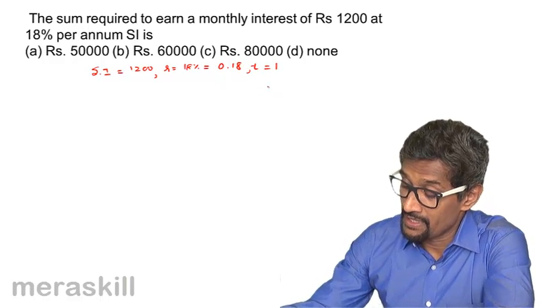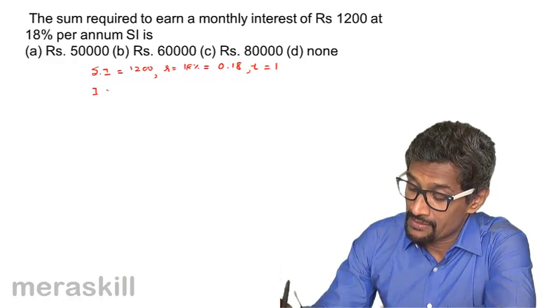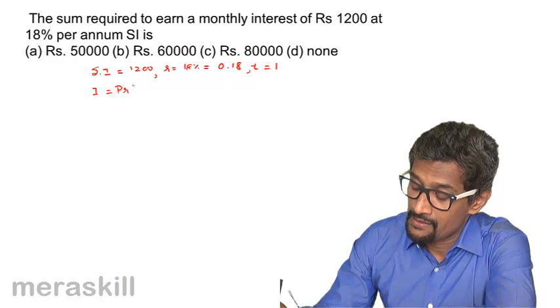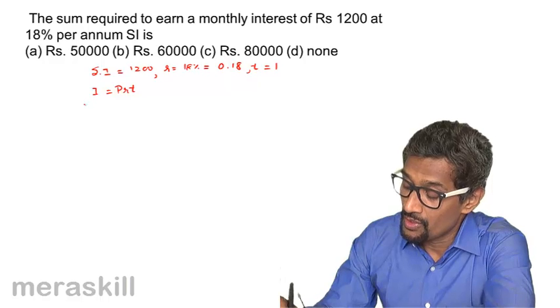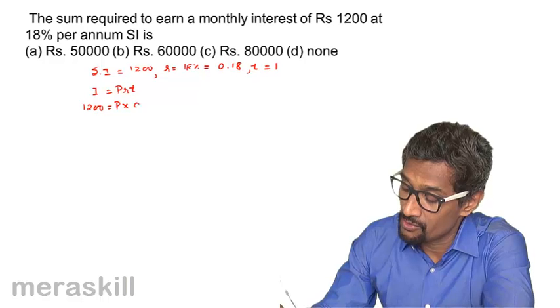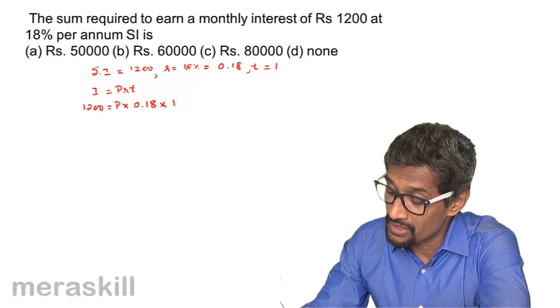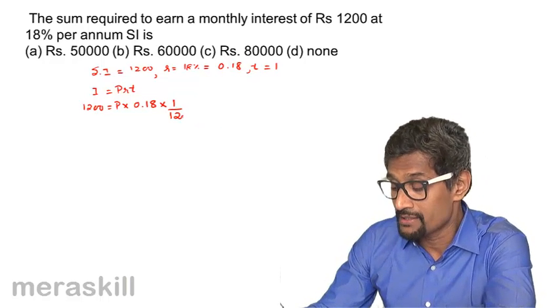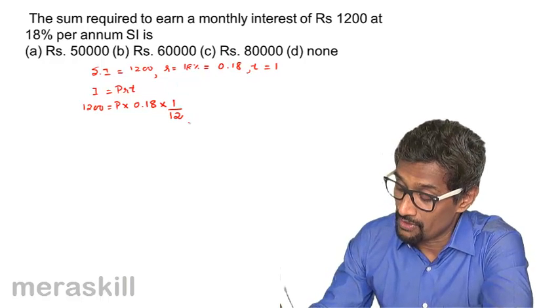So it's going to be I is equal to PRT, so earn a monthly interest. But here we have to see, interest has been given as 1200, we don't know what the principal is, the rate is 0.18, but the time has been given as 1 month. You want a monthly interest, so you need 1 by 12. Or else you leave it as T and then you divide it by 12 accordingly.